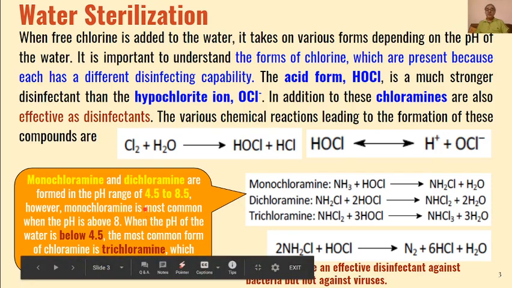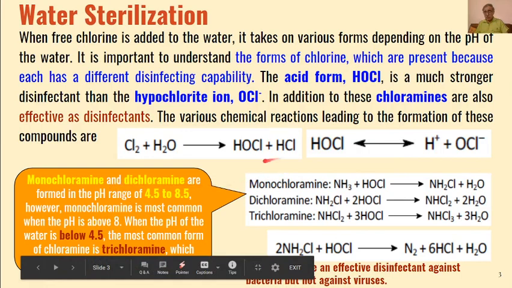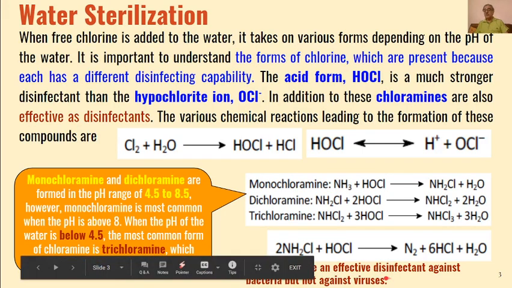And if the pH is below 4.5, then the most common amines present are trichloramines, and these trichloramines produce a very foul odor. These chloramines are also oxidizing agents, and they act as effective disinfectants against bacteria, but they are not active against viruses.